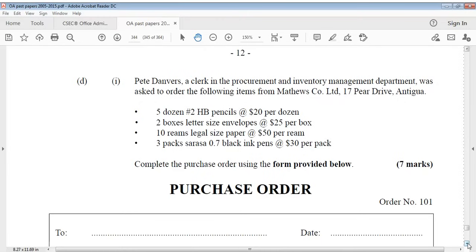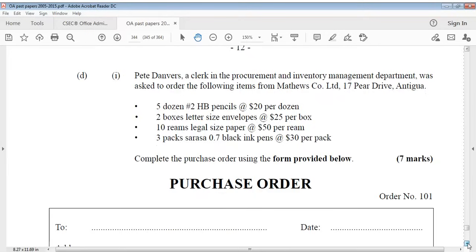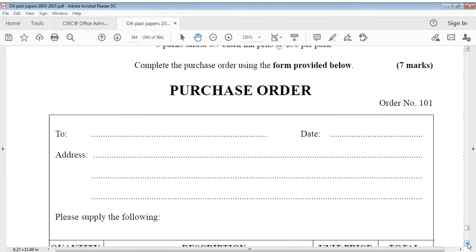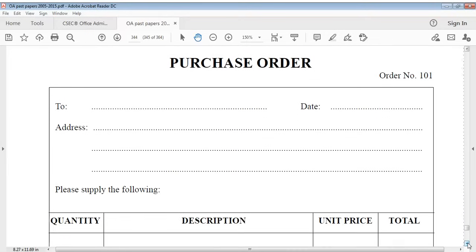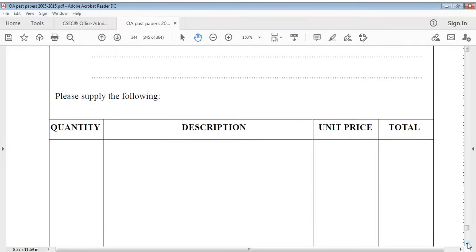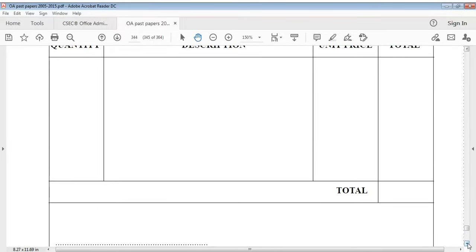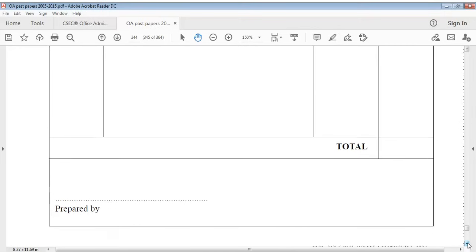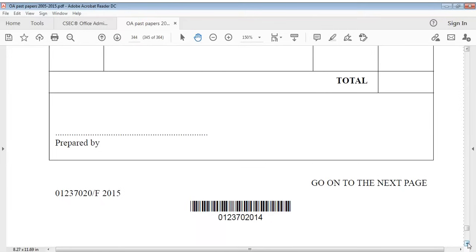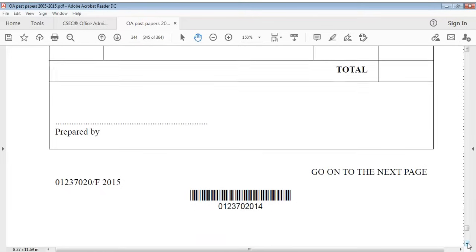Let's move on to question number 5D. This is a purchase order. This one involves some workings that you are going to have to fill out. This form, you put in the information based on what is given at the top.